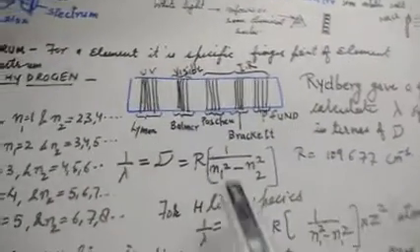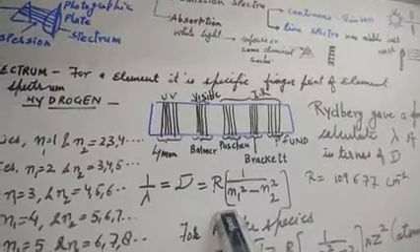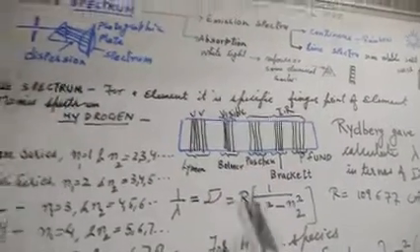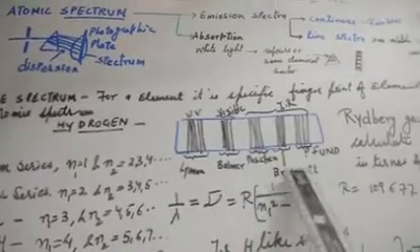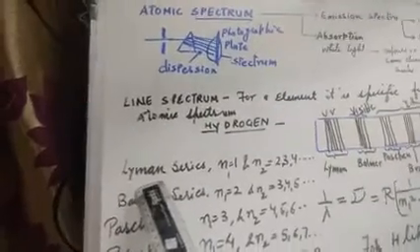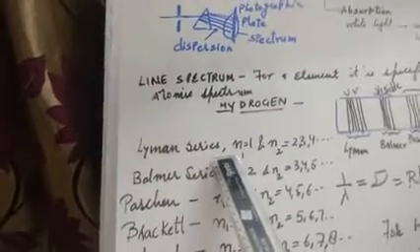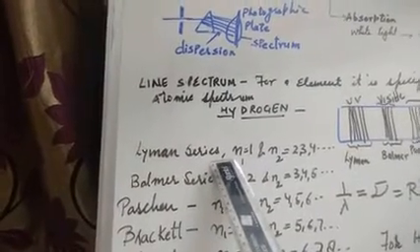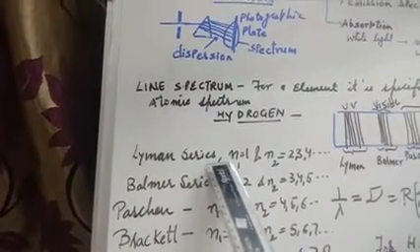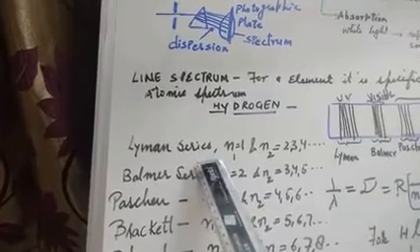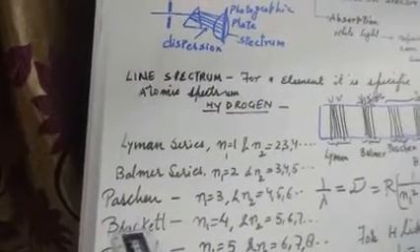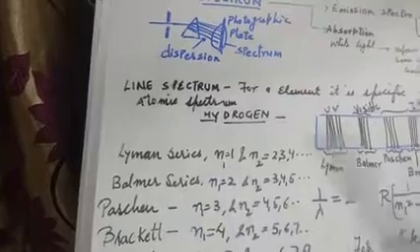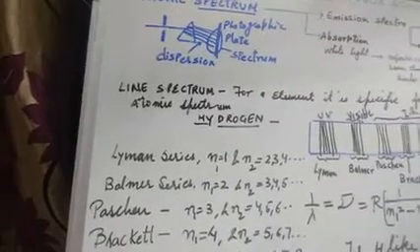Now I am telling you, students, what this n is and what its value will be. Remember, students, this n1 and n2 is different for every series. If we are considering the hydrogen atom, in the center the nucleus is present, and around the nucleus there are different orbits: K, L, M, N, O, P, Q, and so on.